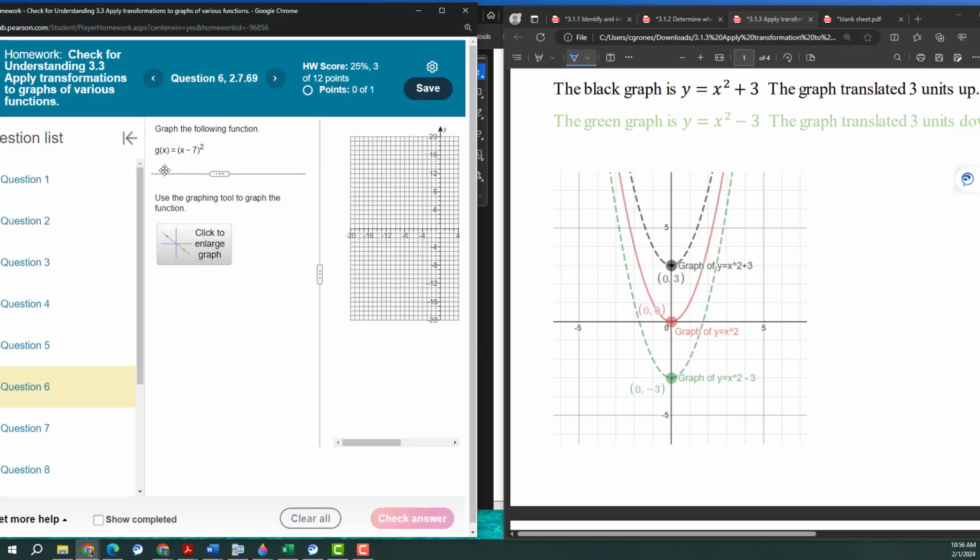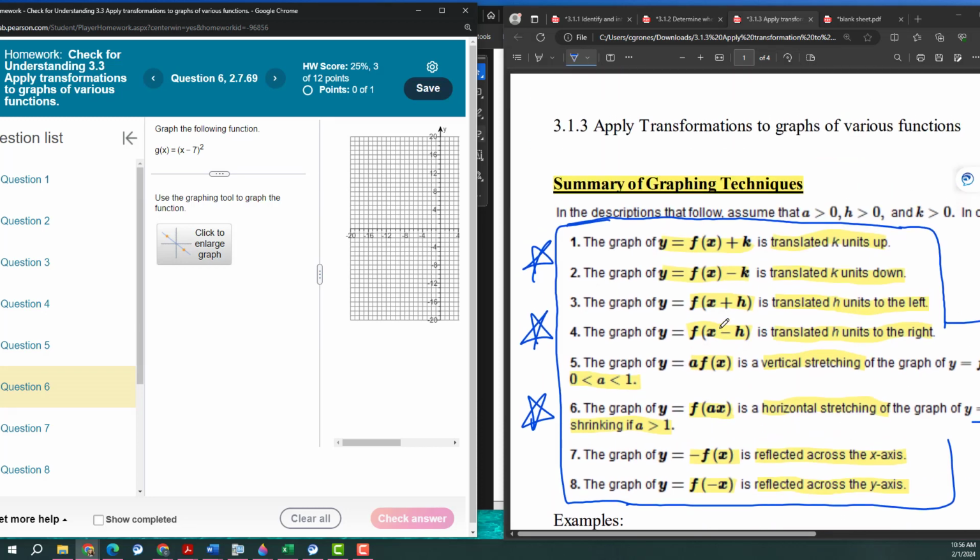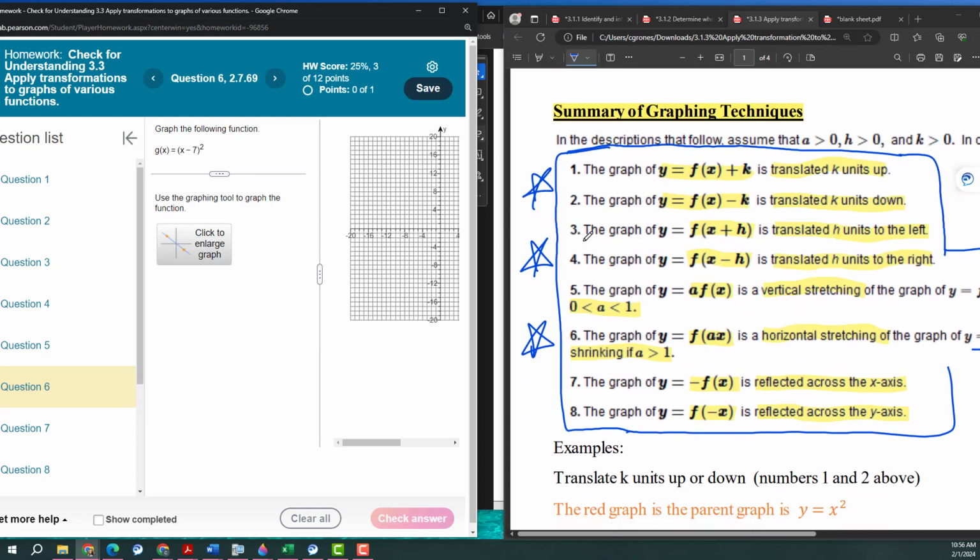Number 6. Okay, so we have our function, and then we have x minus 7 squared. So let's go back up to our rules, and we're looking at number 3. So we have number 4, x minus h.